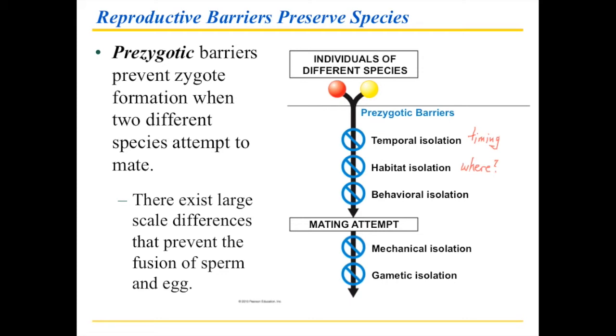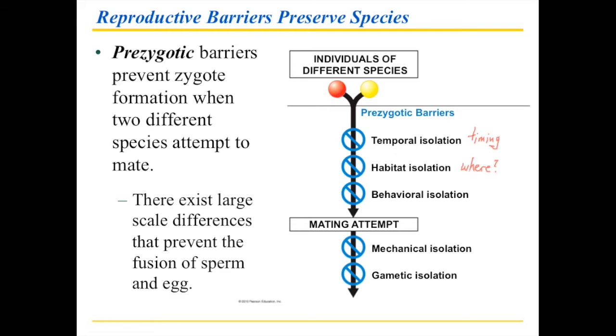And so their behavior, therefore, attracts only the males and females, or rather the females of that species. But the problem is they both live together. And so under certain circumstances, mistakes are made. But more about that later. So behavioral isolation is something that can be very important in this.